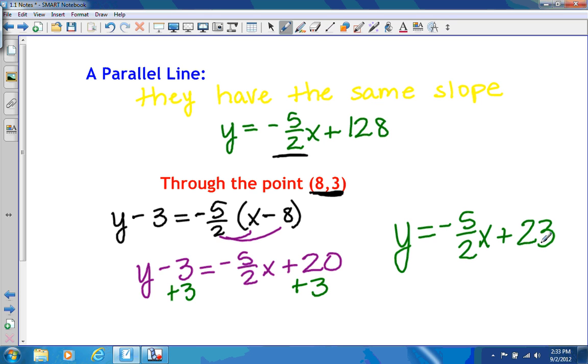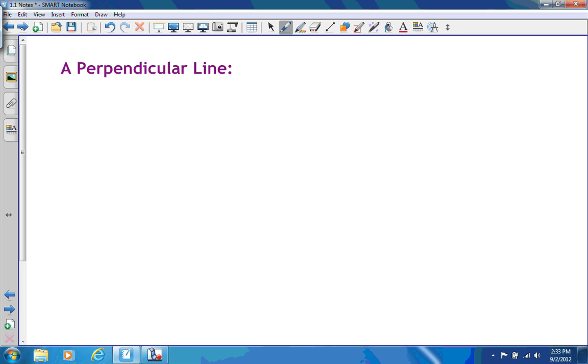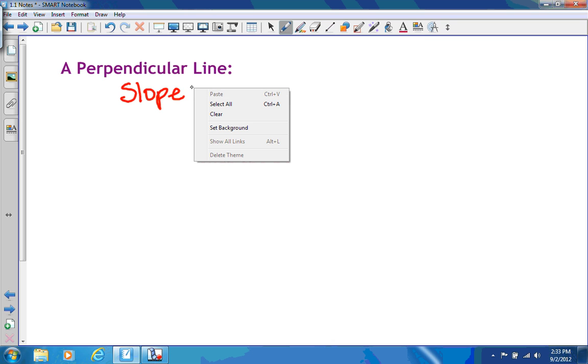And if we have parallel lines, then we can also have perpendicular lines. With perpendicular lines, the slopes are opposite reciprocals of each other.